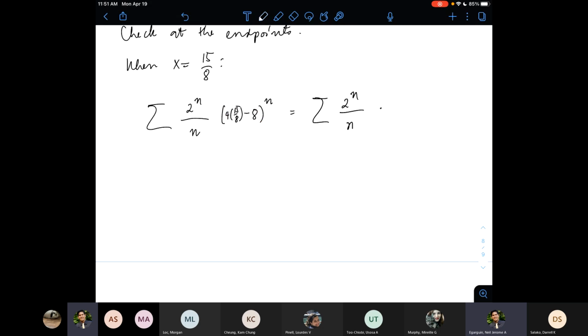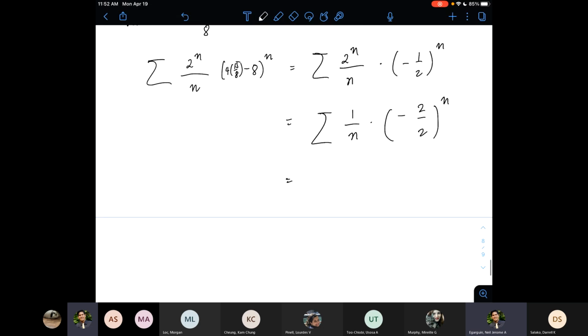So that's going to be negative 1/2 to the power n. And this would be the sum of 1 over n times negative 2 over 2 to the power n. So this would be the sum of negative 1 to the n all over n.